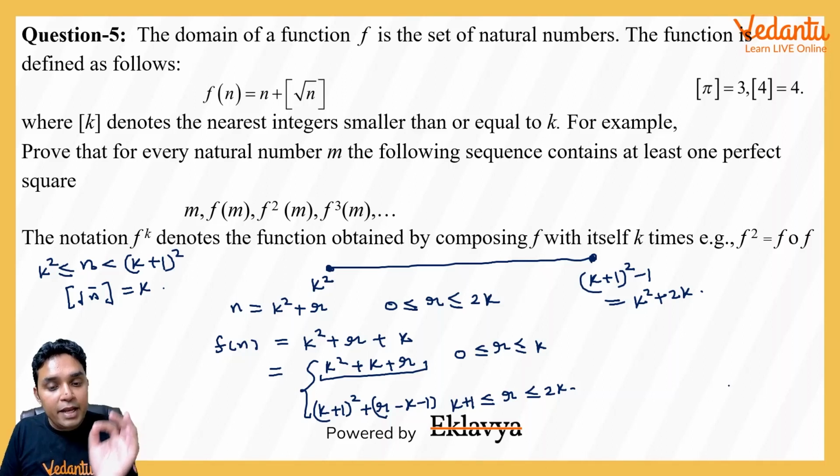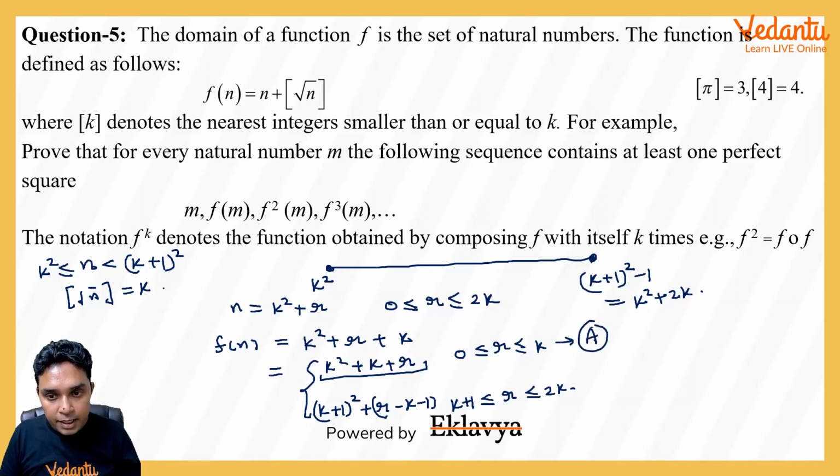Now there is one very interesting thing, please listen carefully, that there are two categories. This is category 1, let me call this A, and this is category 2, let me call this B. Here if you notice, this value k is actually the midpoint of k square and k square plus 2k, because when r is equal to k, this point will be k square plus k.